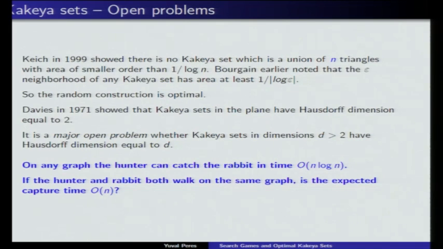So now the rabbit and the hunter have the same rules. At every step, they can either stay in place or walk to a neighboring vertex. In that case, I would conjecture that the capture time is always linear, always order n. Say 10n is a bound for all graphs, but we can't prove that.